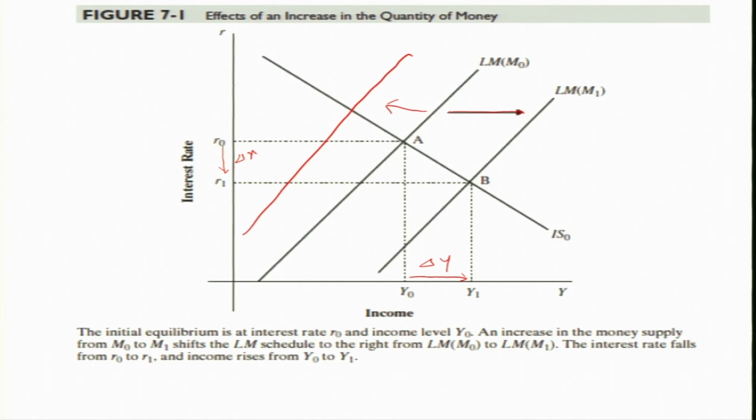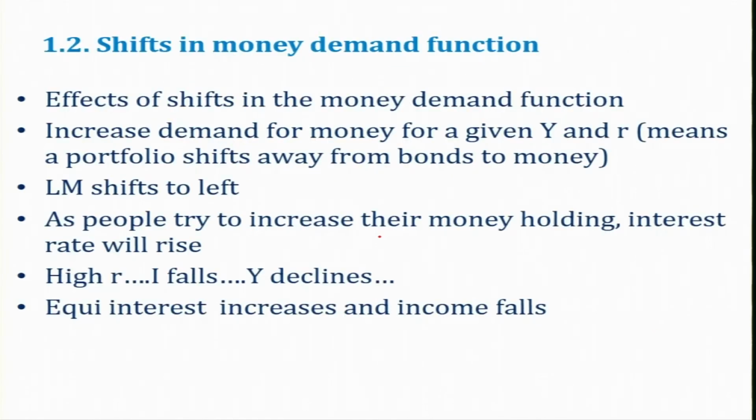As a result, the corresponding decrease in income is this much, that means del Y is this much, that is the decline in Y. So, this much decrease in income will be there due to the shift in the money demand function, that means the increase in liquidity preference.